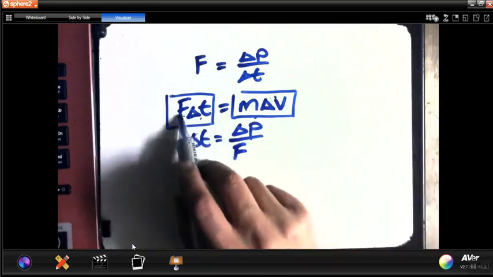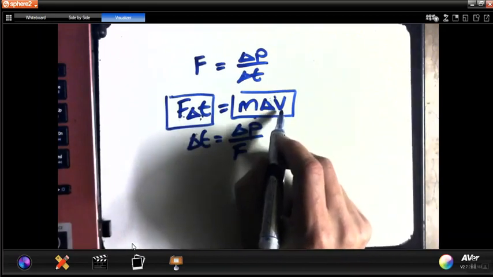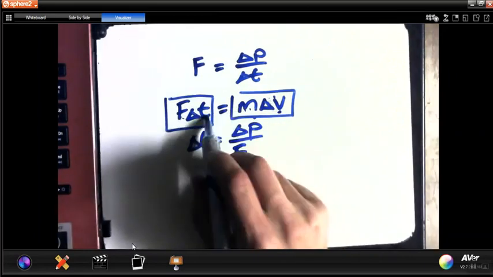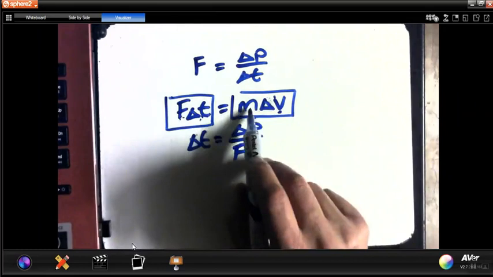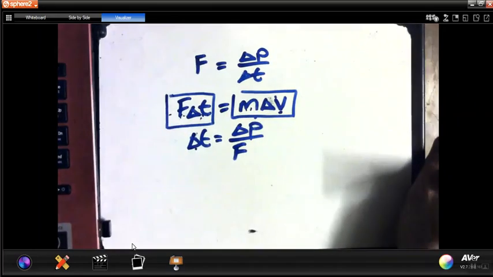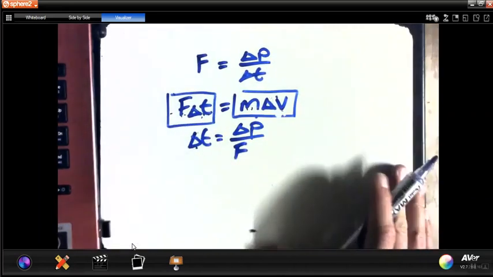If I have the force, the time and the mass of the object, I can calculate its change in velocity. If I have the change in velocity, the mass, and the time, I can calculate the force. Or as we've seen here, if I've got the mass, the velocity, and the force, I can calculate how long the time of impact was.